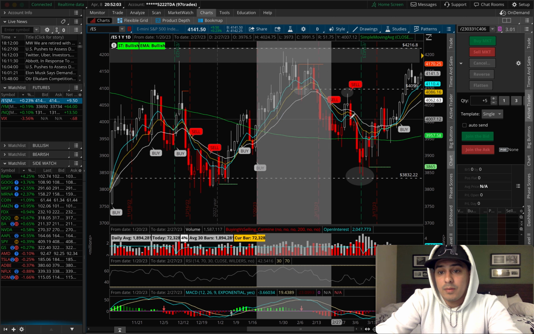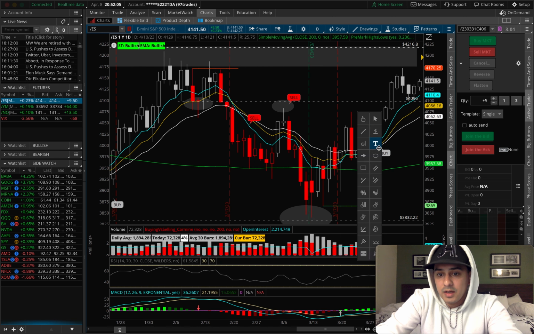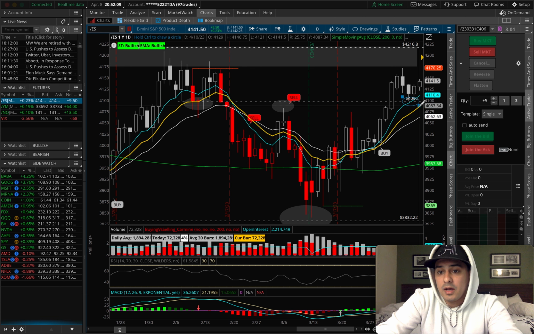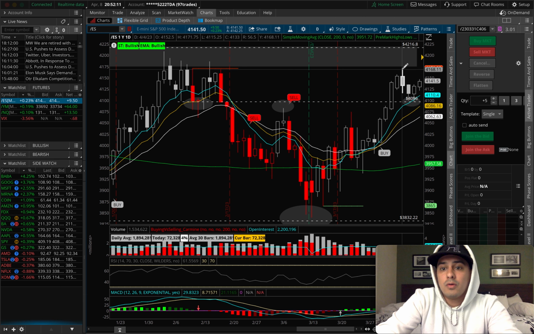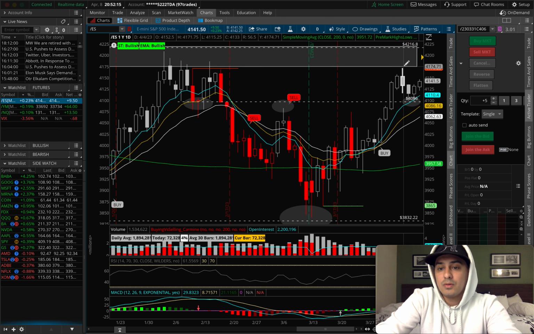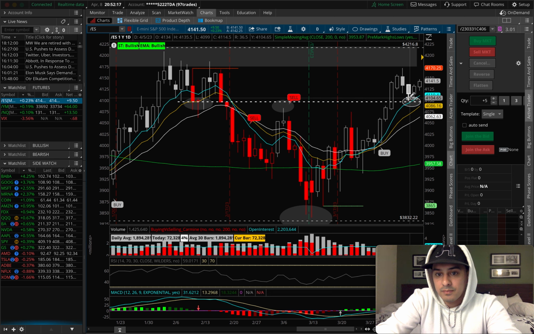Then we pushed all the way back up and pushed back above this trend line here, and before retesting the supply zone officially, you see that we kind of got rejected, right? Pulled all the way back down and did a quick retest of 4100, where we're coming back up.